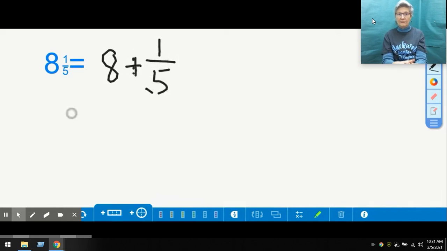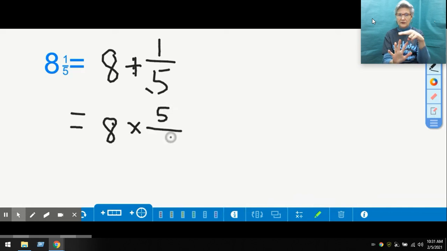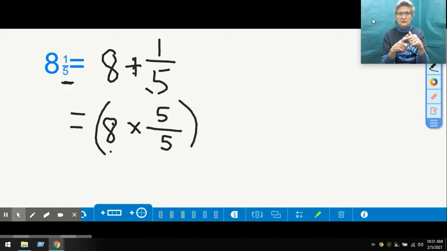So that also is the same as 8 times 5/5, because if I have 8 wholes, I'm looking at fifths, because I'm going to break my wholes into fifths because I have the fraction of 1/5. So I'm going to take my 8 times 5/5, and then I'm going to add my 1/5 there as well.